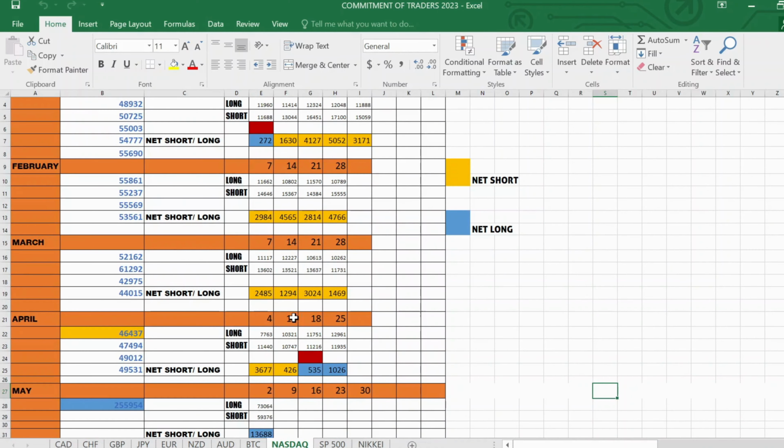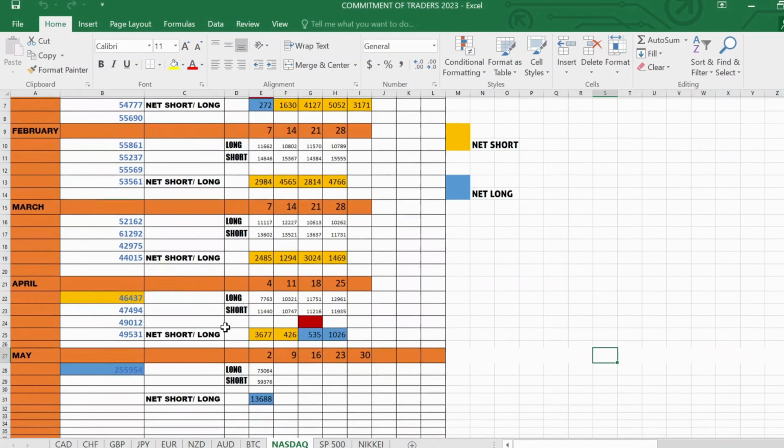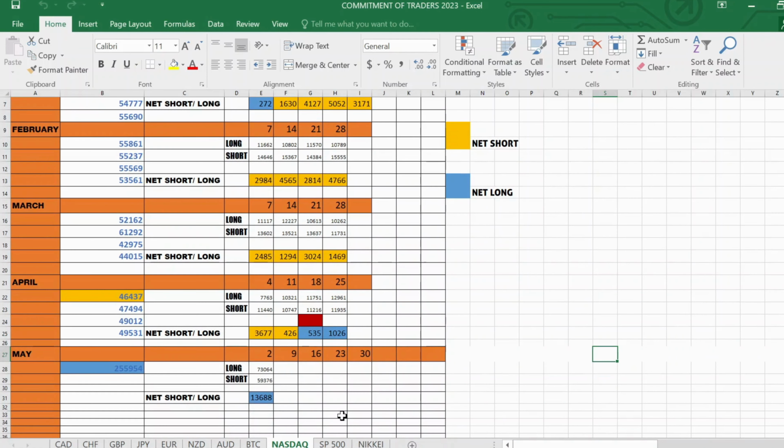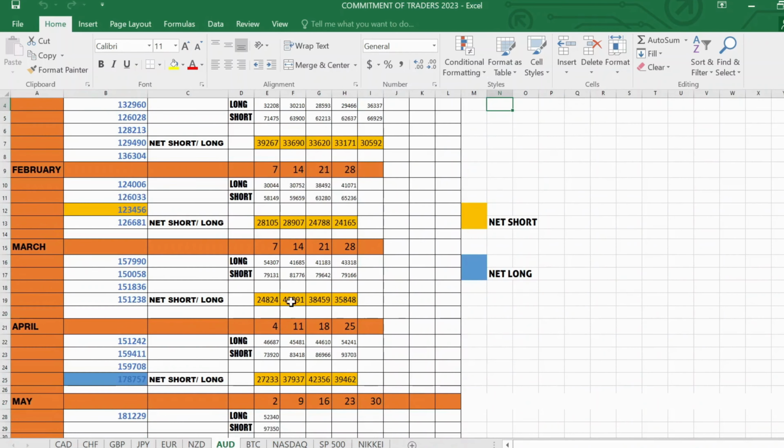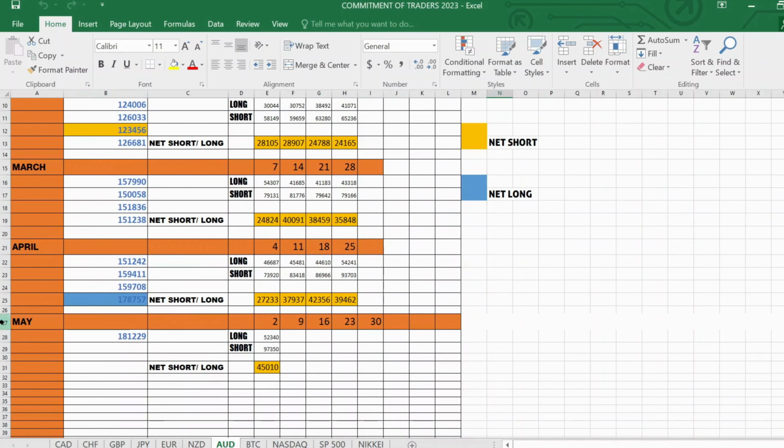So if we see an extreme net short difference, and especially if it is accompanied by falling volume, it shows that the bears are reaching a point where they are struggling to push the price lower. So the key thing is to compare the difference here with the volume. If the volume is low and we have an extreme net short difference, that could be a signal for a reversal in the market.